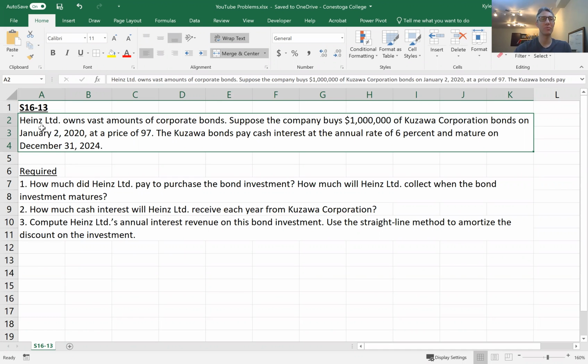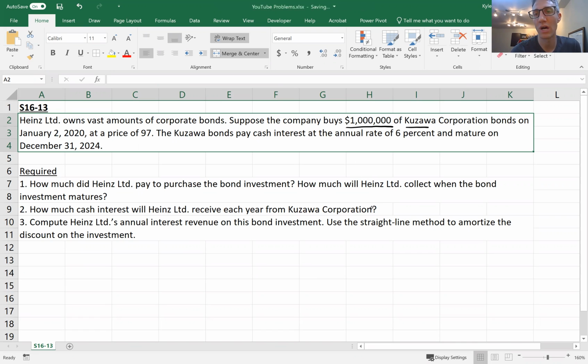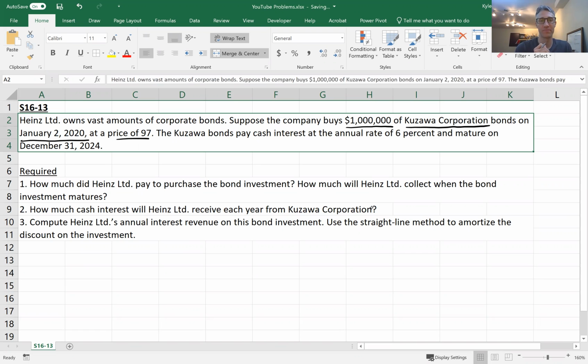So we have Heinz Limited, and they own a vast amount of corporate bonds. Let's suppose that Heinz decides now to purchase $1 million worth of Kuzawa Corporation bonds on January 2nd, 2020 at a price of 97. So they own a whole bunch of bonds and now they're buying more.